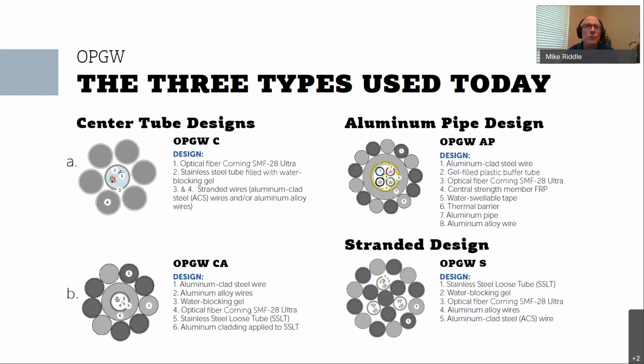And you could use 1, 2, 3, or even more tubes, depending upon the fiber count and again, what the cable designer is trying to achieve. And yes, we will talk about the advantages and disadvantages of each. And we'll also talk about what is best practice for each design. So best practice in the industry, what goes into the best possible version of each of these design types.